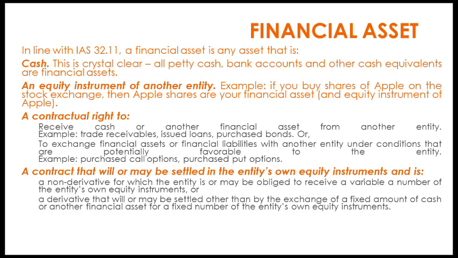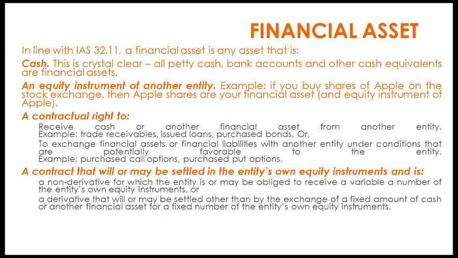Another example of financial asset is an equity instrument of another entity. So for example, if you purchase shares of Kina Bank, BSP, Copper Moly, CPL from the stock market, that will be classified under equity instrument of another entity, and it will be considered as financial asset.